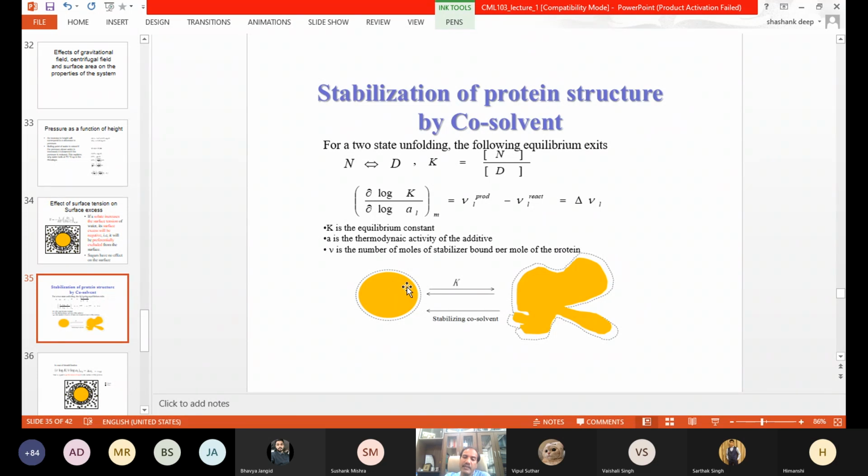And that's why you will see that sugars, which generally do this, are used as stabilizers of proteins. So again, what I am trying to show you is the importance of thermodynamics, and the main thing is how we can affect delta G and the equilibrium constant. That's the purpose of thermodynamics. Is this okay?